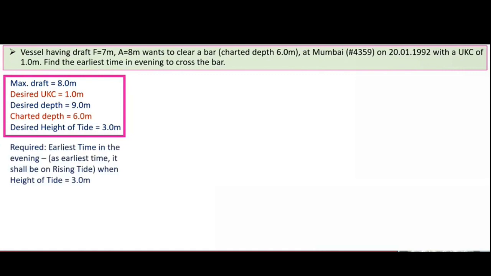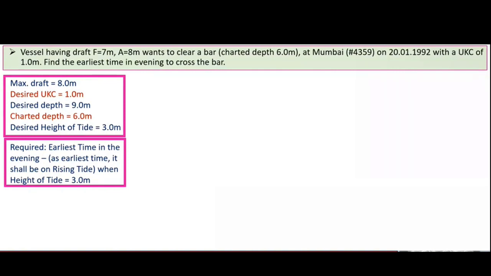So then the question basically reduces to finding the earliest time on the evening of the given date when the height of tide is 3 meters, but it should be found on a rising tide. Why should it be on the rising tide? Because he says the earliest time. So you do not want to have UKC less than what is given.